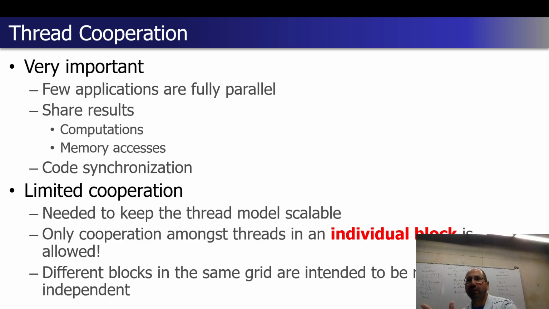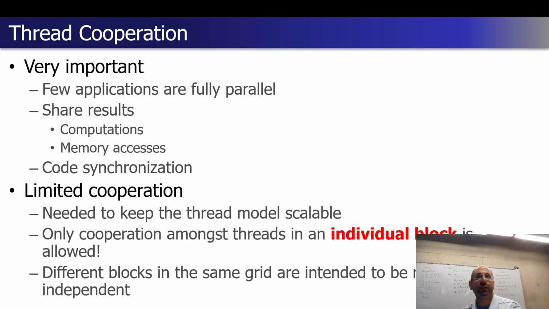Real world applications, if you can get 90%, that's wonderful. Maybe if it's only 50%, it's probably not even worth all the effort, right? But long story short with that, real world applications have some synchronizations that are required, that they are parallel for certain stretches, and then they have to synchronize and make sure that all the threads have caught up with each other before it can go on to the next stage.